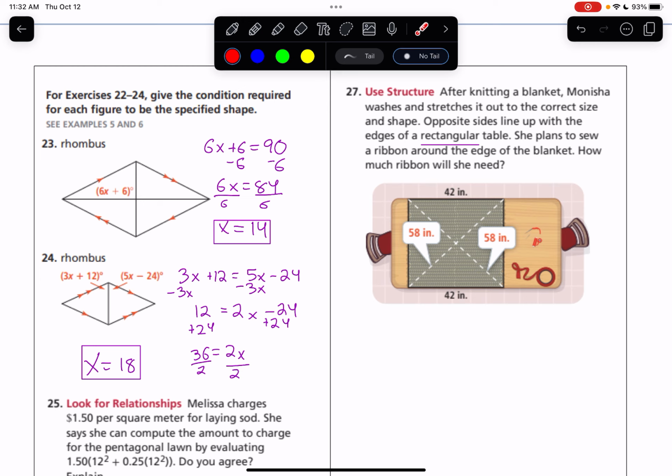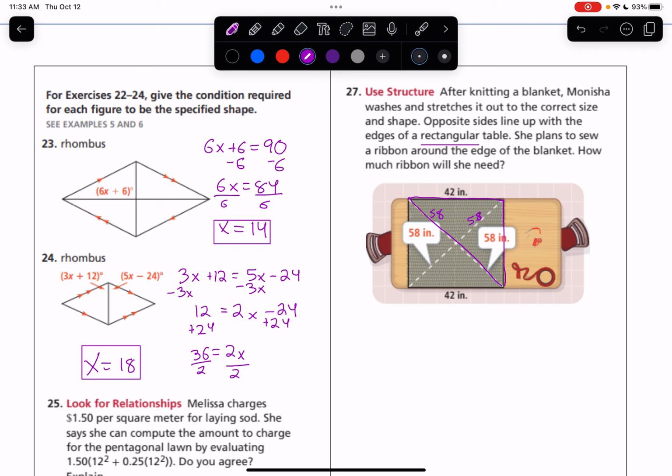We can say, all right, she plans to put a ribbon around the blanket. This appears to be a parallelogram since the edges of a rectangular table will be parallel, which means the diagonals will bisect one another. So either the diagonals are each 58 units long or they are 58 plus 58, or 116 units long. So if we do it this way, we can make a right triangle like this to find the dimensions of the missing side.